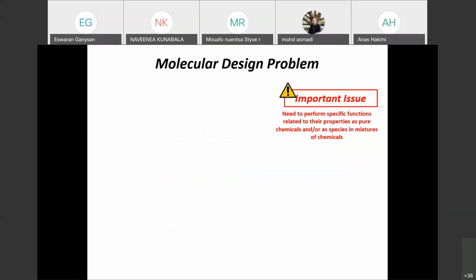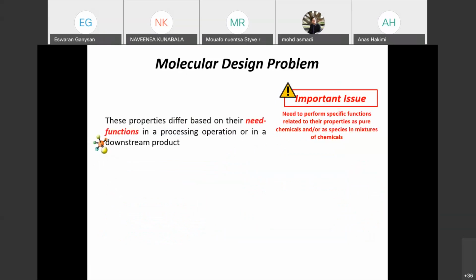For the molecular design problems, we need a specific function related to the properties of the pure chemicals. So it differs based on the needed function. For example, refrigerants have to use different chemicals than emulsifiers.